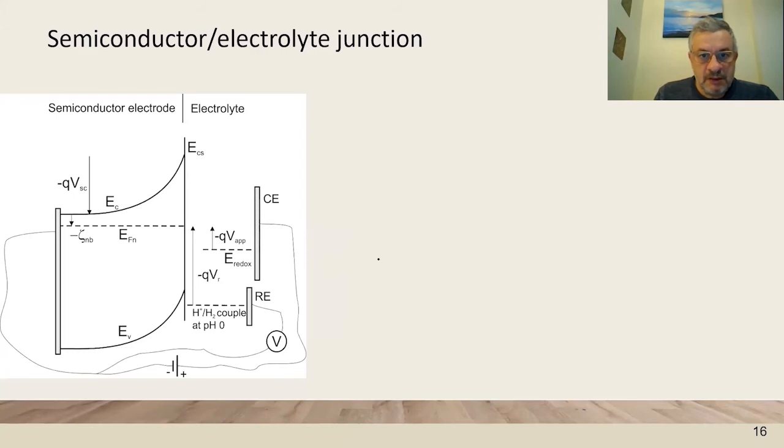So in this way, when we take a semiconductor and we put it in contact with a redox couple in an electrochemical cell, there is an exchange of electrons and they come to equilibrium.